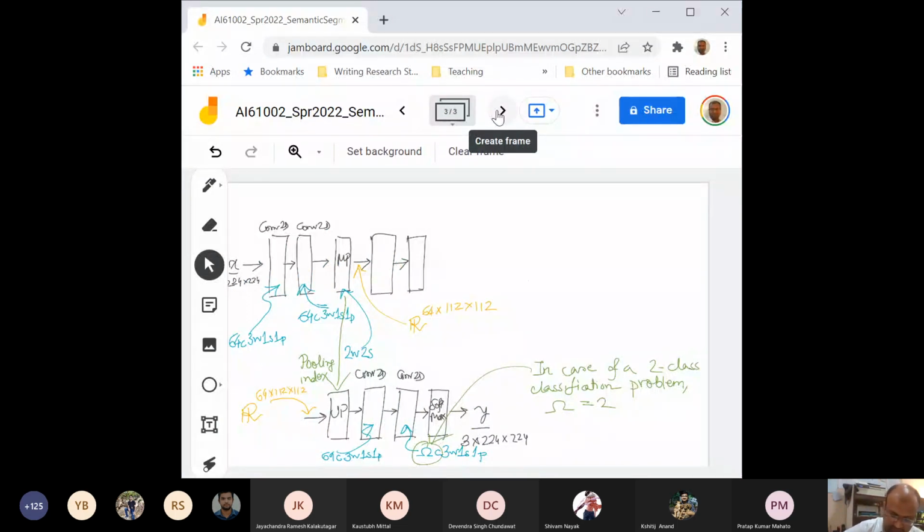So in unpooling, this pooling index thing is something like this. Say I have a system which is done like this. It has, say, 1, 2, 3, 4, 5, 6, 7, 8, 9, something of this sort. I do a 2 by 2 max pooling.